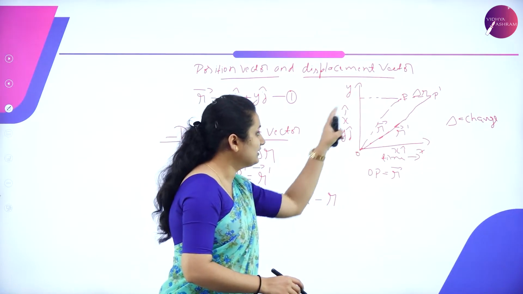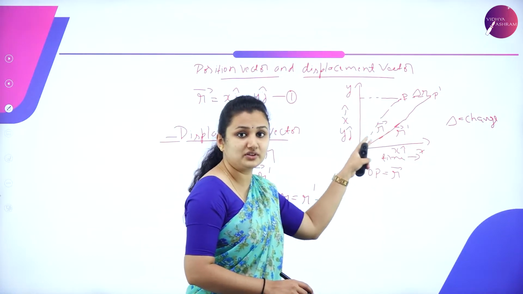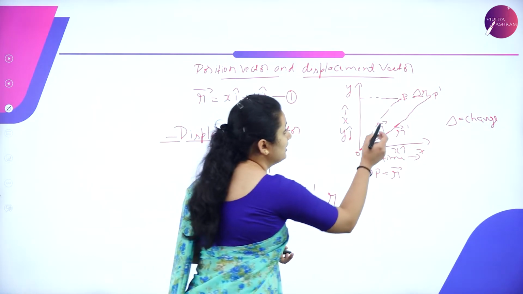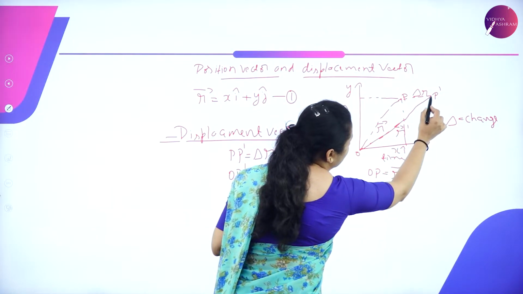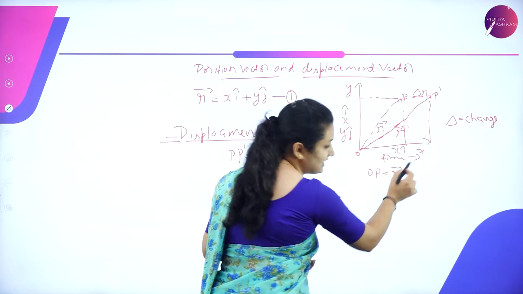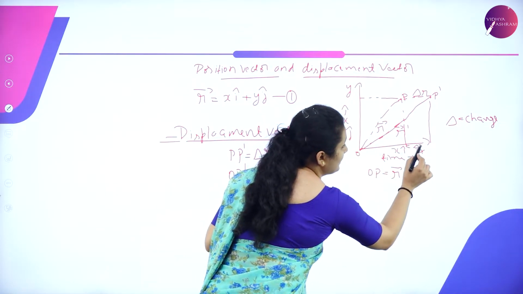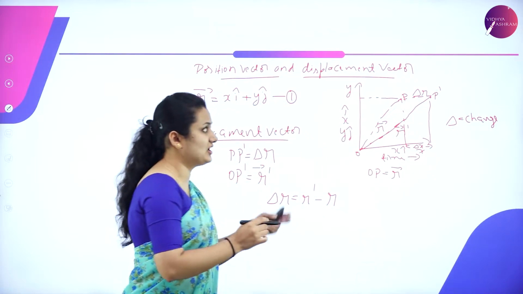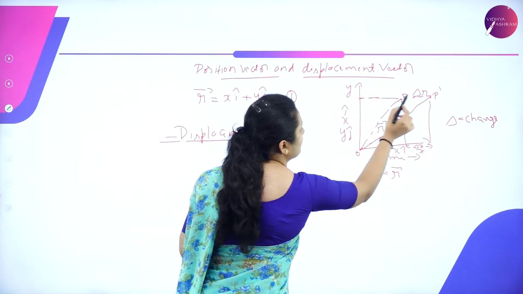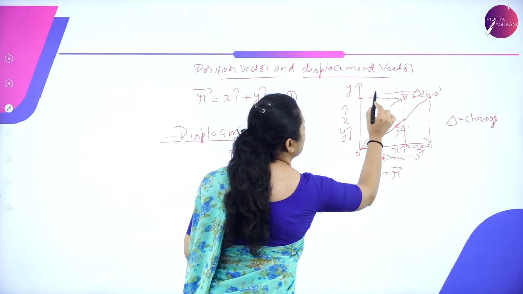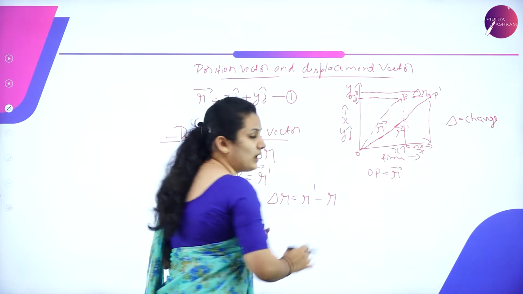Then you can look at the diagram here. If you observe the graph and drop this line to the x-axis, the particle has undergone delta x change in the x-axis, and delta y change in the y-axis.